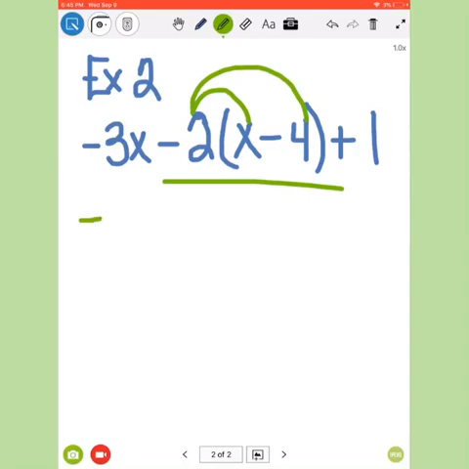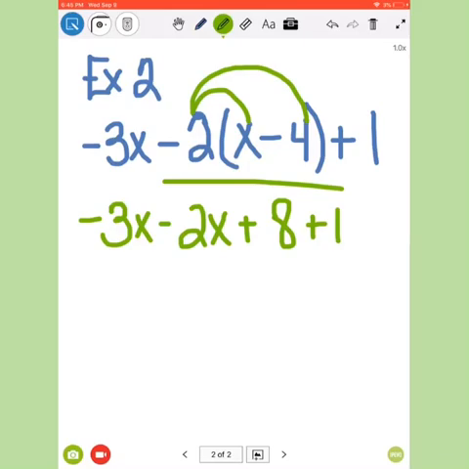So this negative 3x is going to come down because we can't do anything with that just yet. Negative 2 times x is negative 2x. Negative 2 times negative 4 is a positive 8. 2 negatives make a positive, right? And then this plus 1 is not inside the parentheses, so I'm not going to distribute that. It'll just come on down.